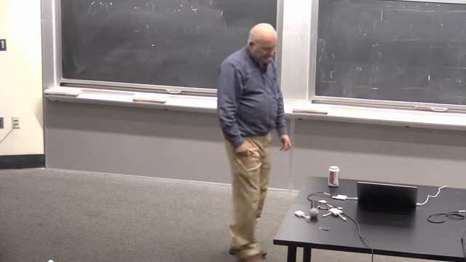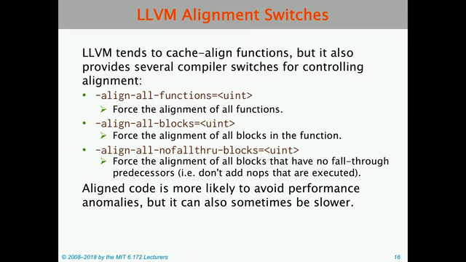And in fact, they give you some directives. LLVM has these switches. As far as I could tell, the first one, which is align all functions, I was unable to test in advance, but I suspect it's already doing this and is actually a no-op because it's already aligning all functions.